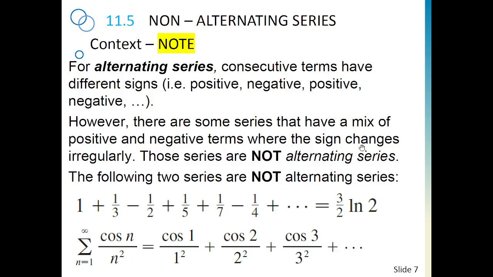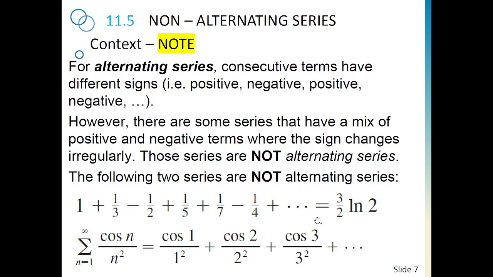It's important to distinguish that from other types of series. The alternating series have consecutive terms that change sign immediately. Some other series have mixed positive and negative terms, but they are not changing one after the other. So one example here, you have a series that turns out to be convergent, but where you have positive, positive, then negative, then positive, positive, negative, positive, positive, negative.